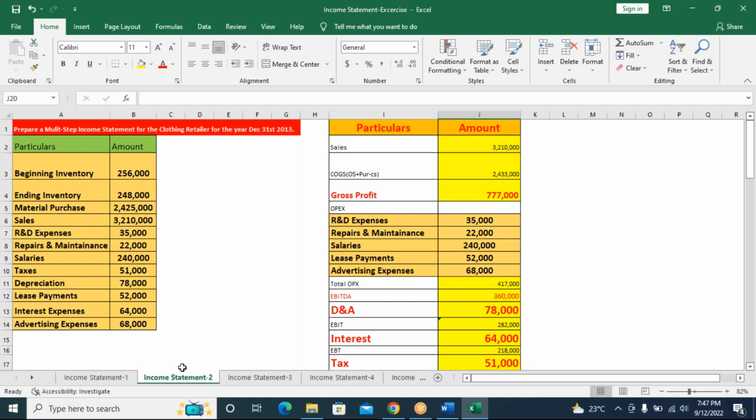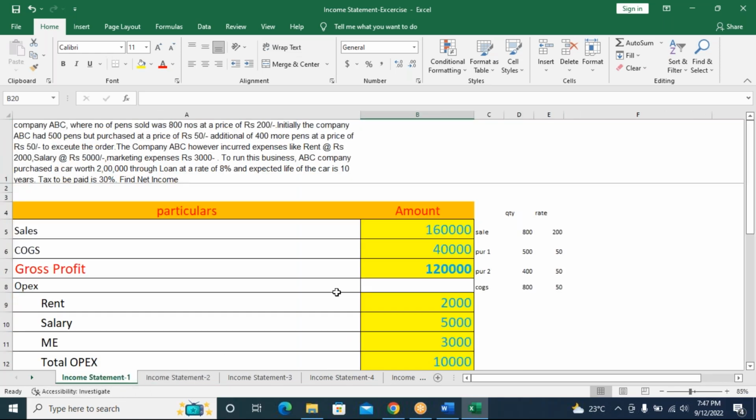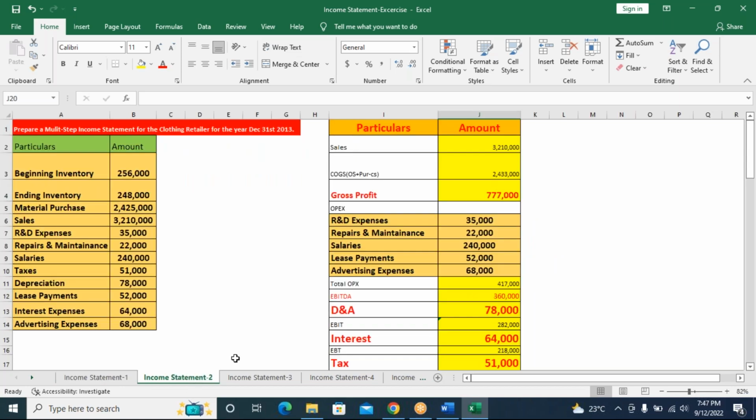Any doubt, girls? Income statement 1 and income statement 2. I wanted you people to try out income statement 3. So tomorrow we'll calculate income statement 3 and do it. Any doubt in income statement 1 and 2 also, just go through it, try to do it once again. If you are having any doubt, please get it clarified. So tomorrow we'll finish up with income statement and we'll start up with balance sheet. Okay.